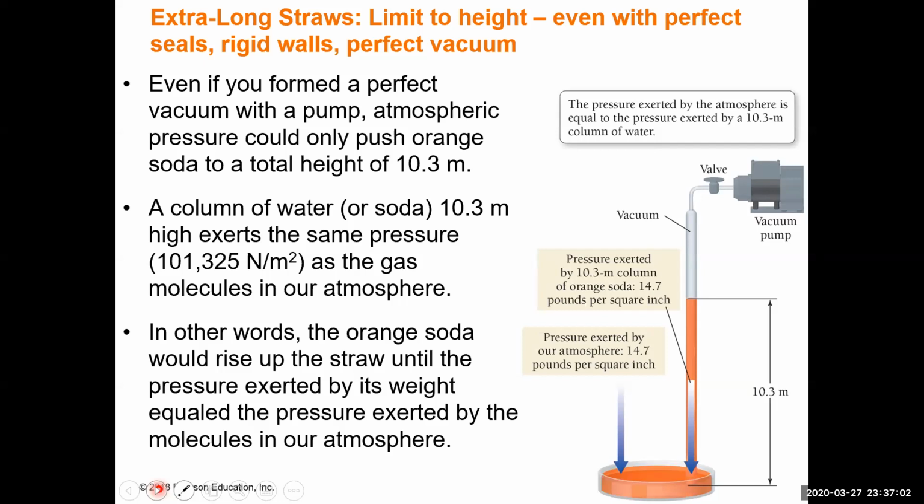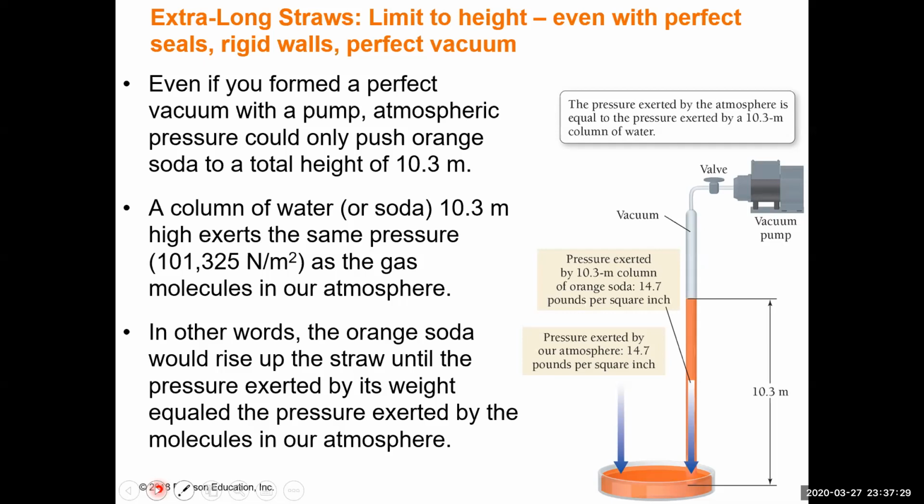Orange soda is mostly composed of water, so we can say the same thing for water. A column of water 10.3 meters high will exert the same pressure, 101,325 Newton per meter squared, as the gas molecules in our atmosphere.